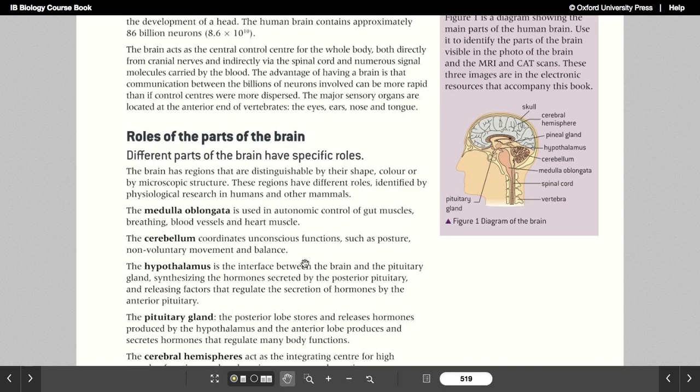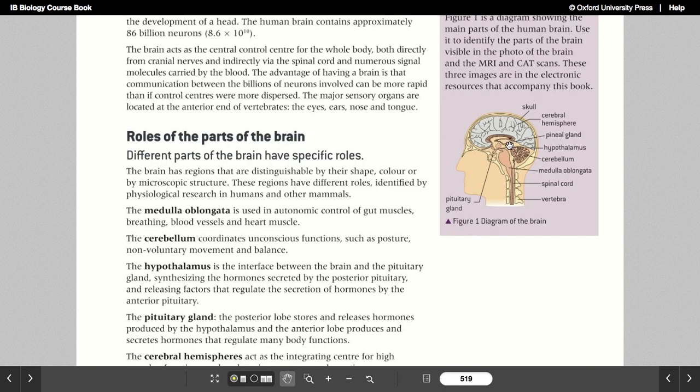The parts that you want to know are in this picture. Obviously, the skull is going to protect the brain. The cerebral hemispheres, or you can call them the cerebrums. You have 2 of them, the left and right one, which is the gray that we see there. That's divided into lobes, which, remember, are the frontal lobe, parietal lobe, temporal lobe, and occipital lobe.